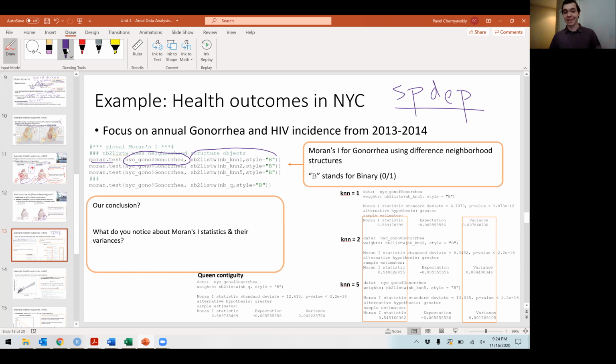There's not a good way to intuit it. That's why I provide my code to you guys. So I go with nearest 1 centroid to 5 centroids, and I have the queen contiguity.